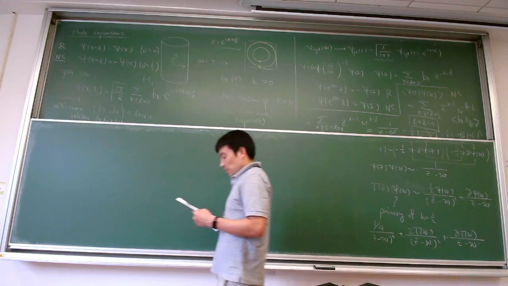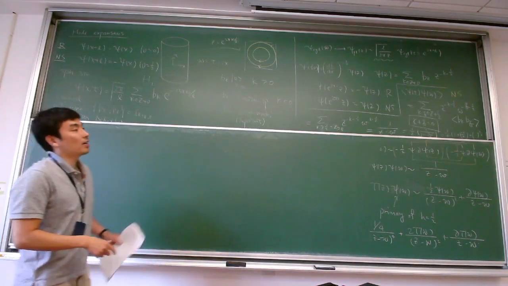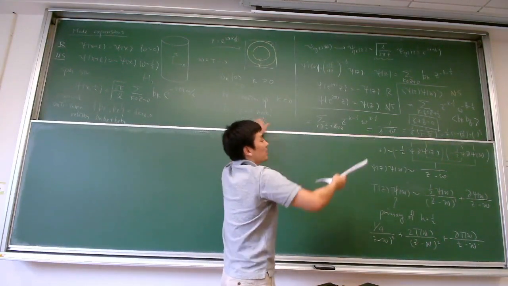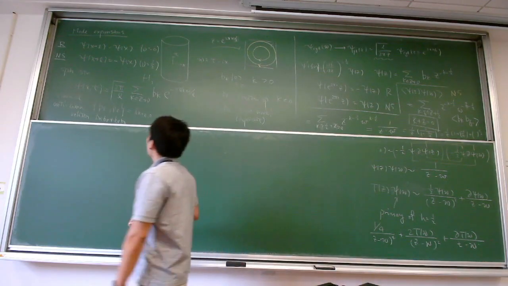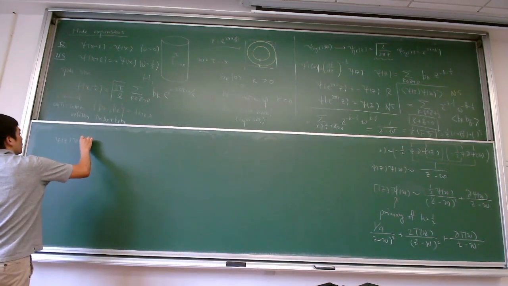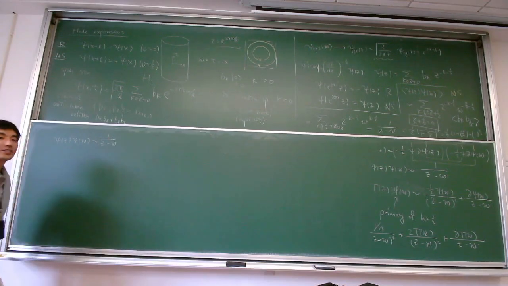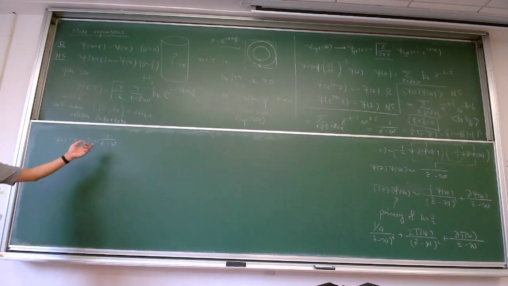The computation is also the same, but this can be guessed from the OPE. So we know that the OPE of psi(z) and psi(w) is 1 over z minus w.